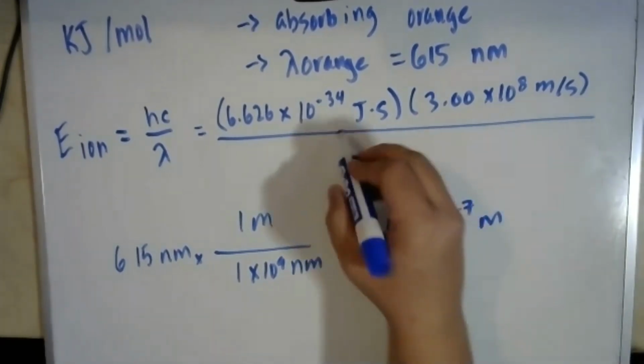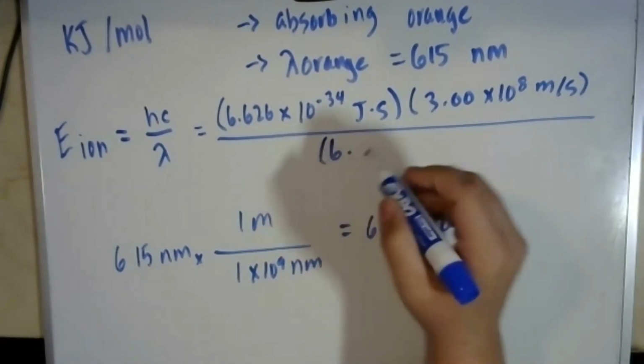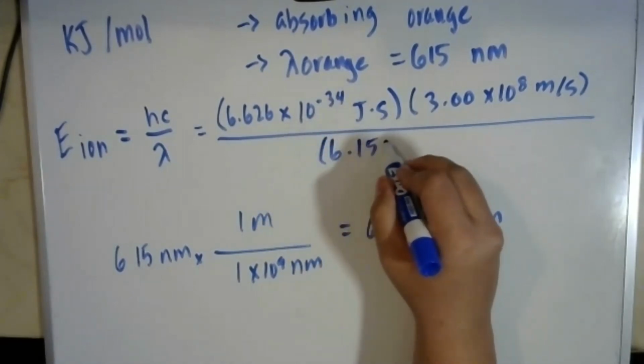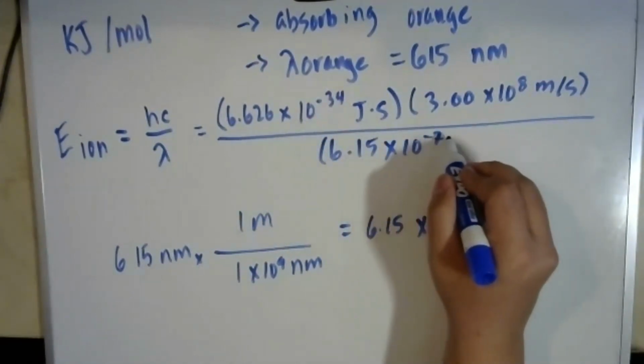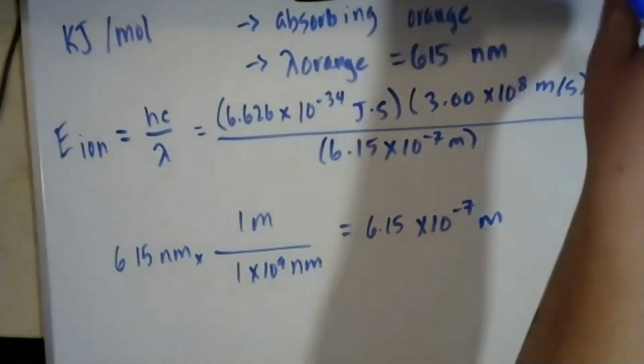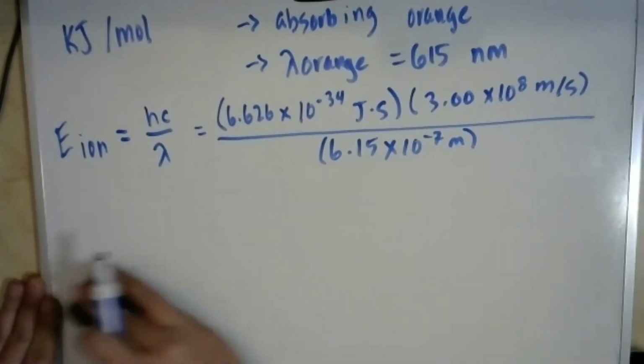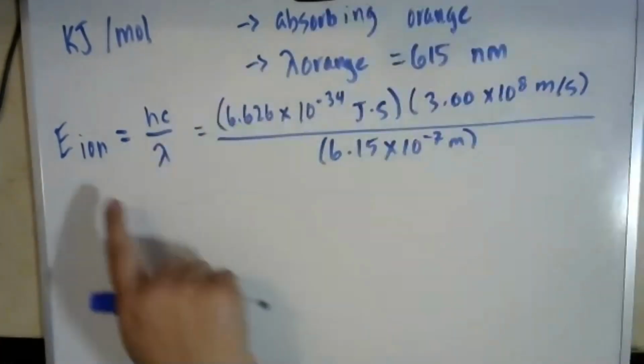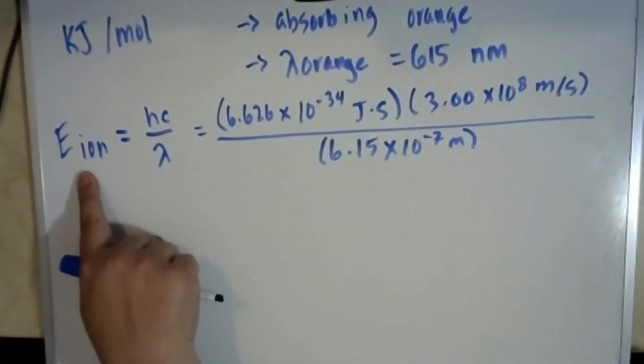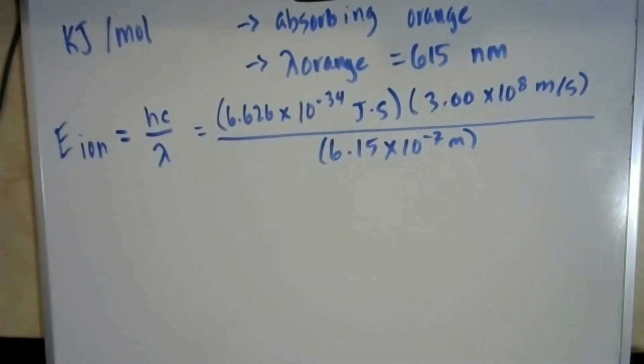Now we can plug that value in and it will already be in terms of meters. Now we can calculate the crystal field energy of one of these ions.